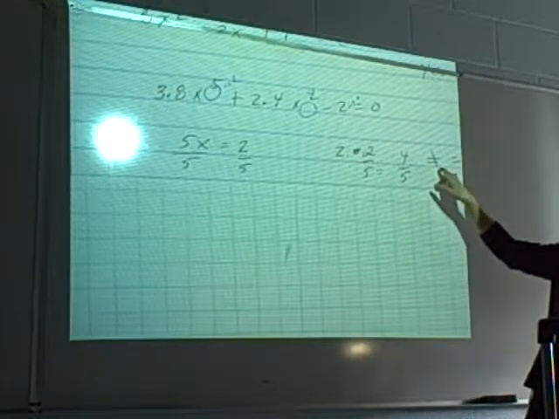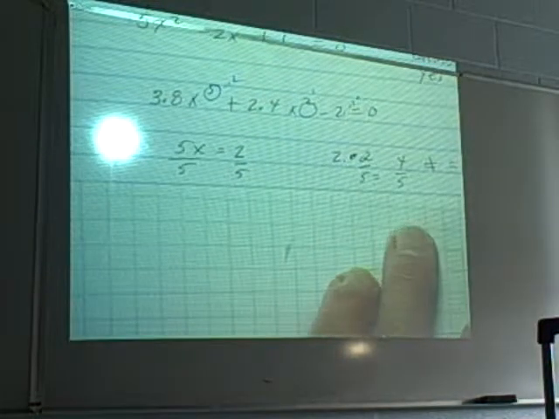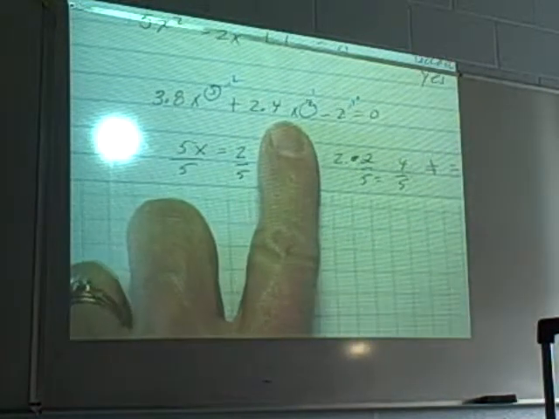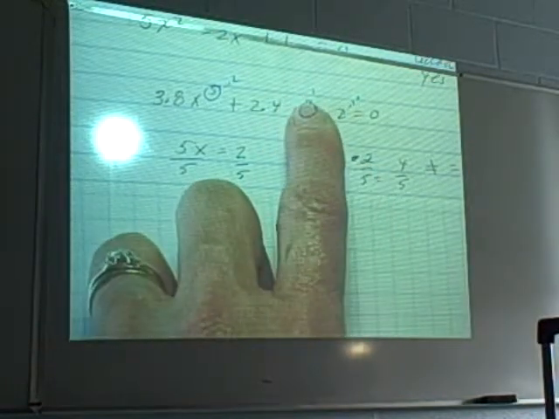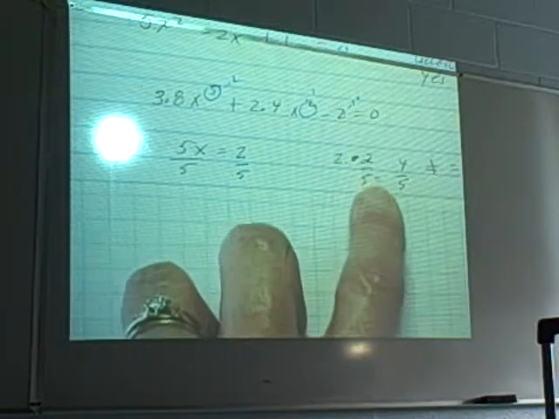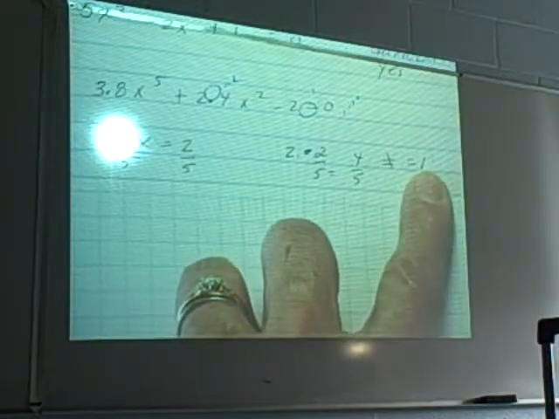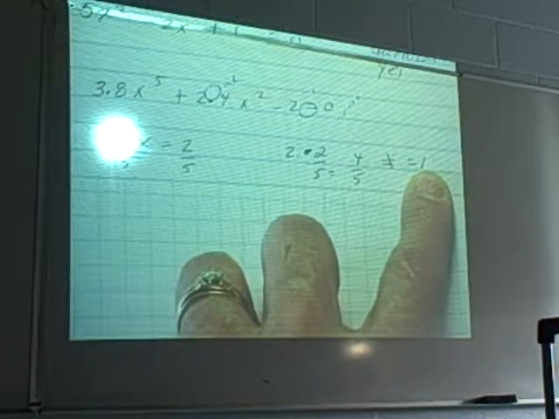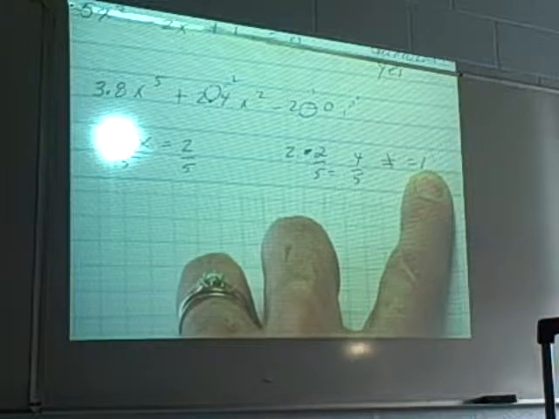I will get 4/5, which does not equal 1. I'm sorry, I did the second one. I multiplied the second one here by 2/5, and that equals 4/5, which does not equal 1. So I knew this could not be a quadratic.